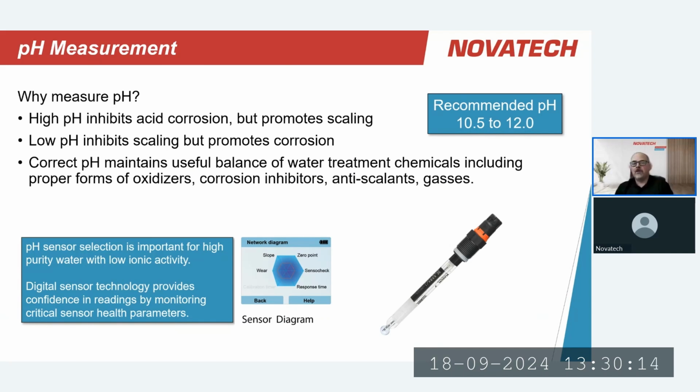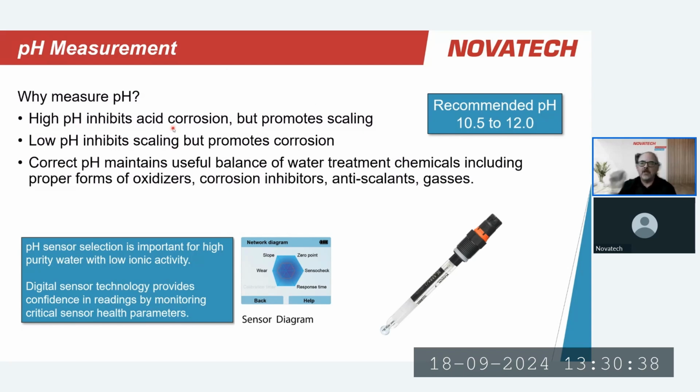Pretty much all of the water chemistry programs that I mentioned earlier, like all volatile treatment or oxygenated treatment, all target to operate at an elevated pH level, typically between 10.5 and 12 pH. Why? They do that primarily to avoid these things.